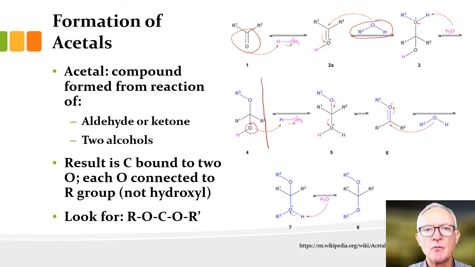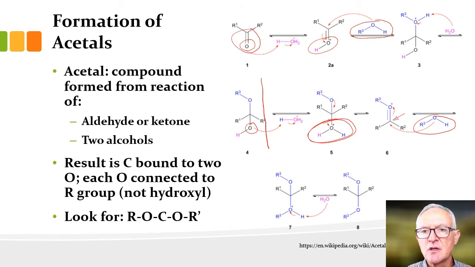Remember, we started before by protonating the carbonyl oxygen to put that positive charge into the mix. Now we protonate, and we end up with a positive charge here in panel 5. Then our second alcohol comes in and can attack that carbon right there.